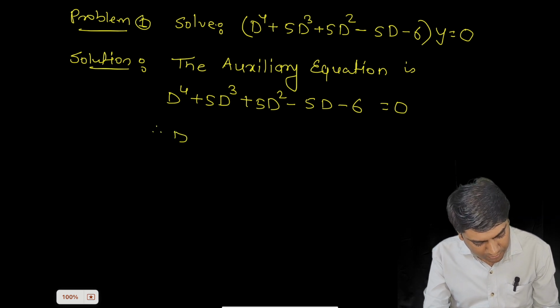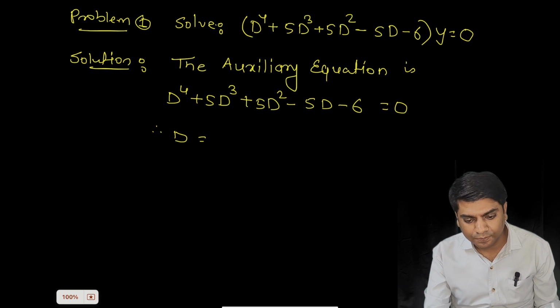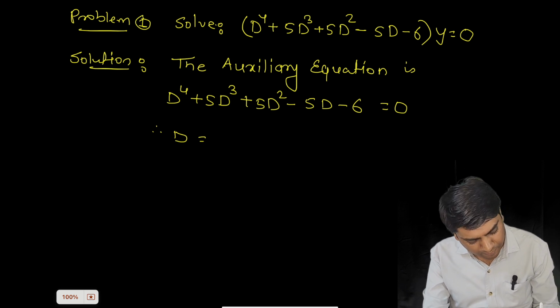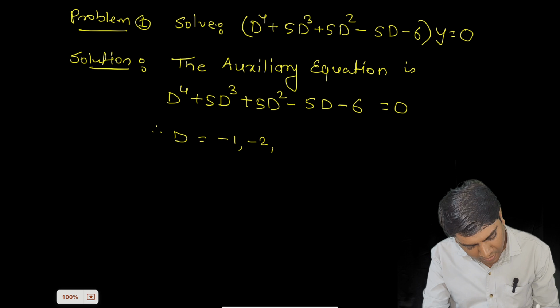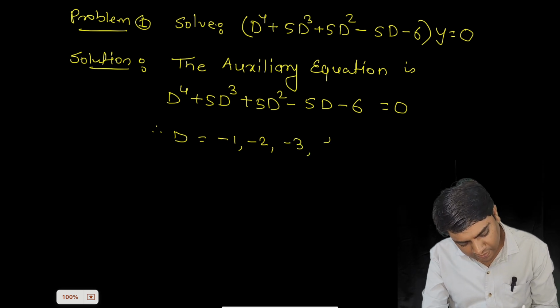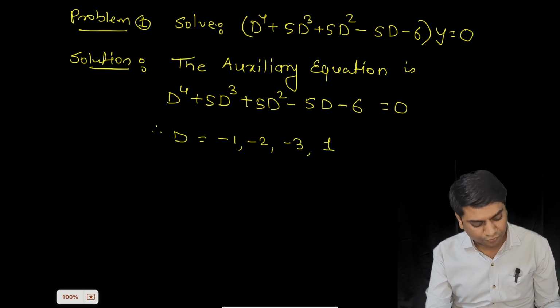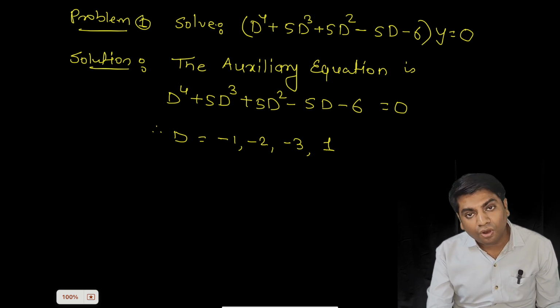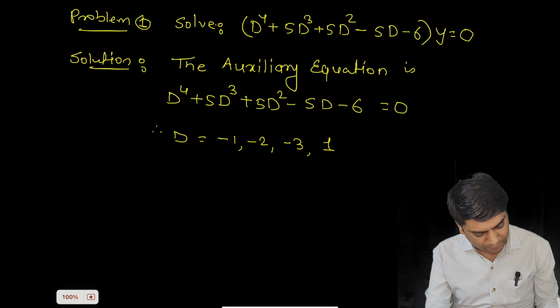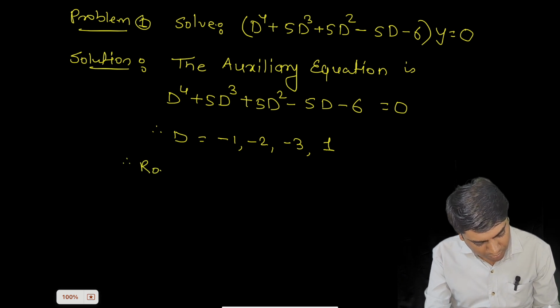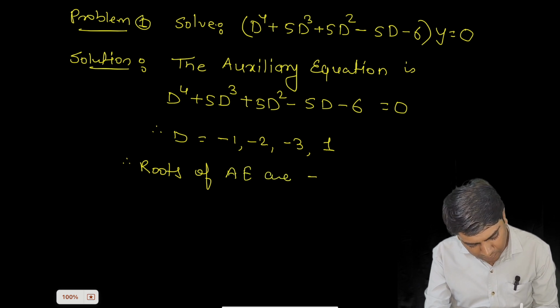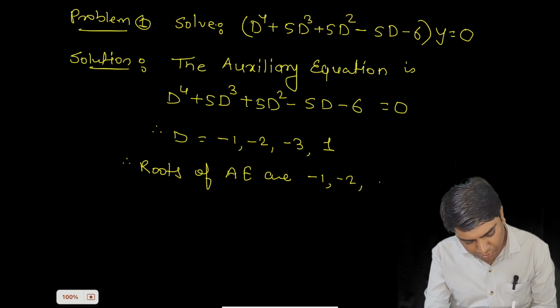So here d is equal to -1, -2, -3 and 1. Okay, so we have 4 roots here, -1, -2, -3 and 1, and since all roots are distinct, so therefore roots of auxiliary equation are -1, -2, -3 and 1.